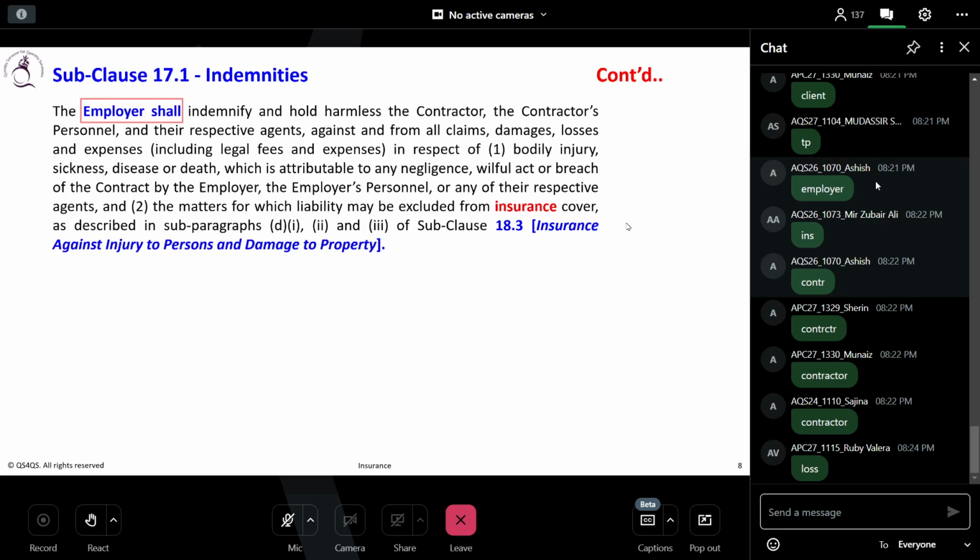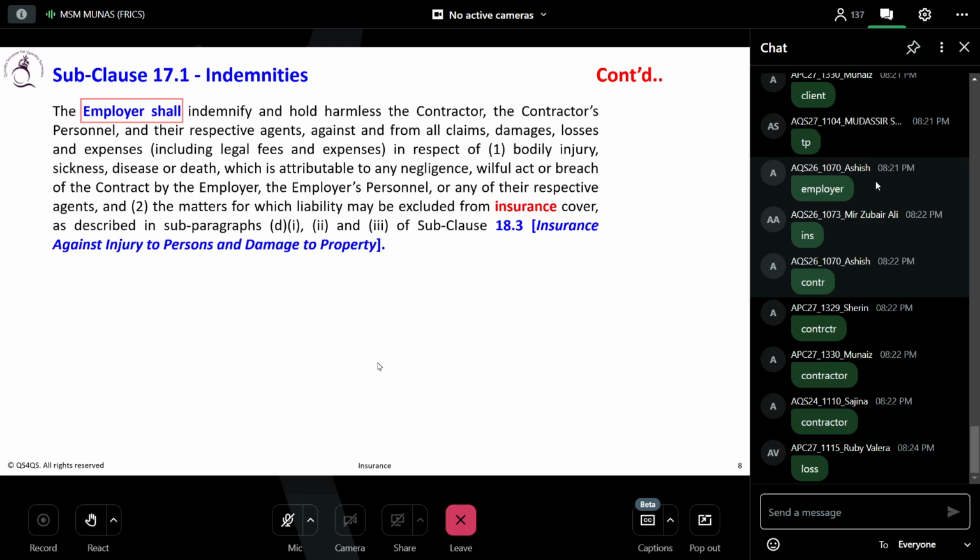Now you should understand one thing. Construction is a business, isn't it? So the contractor is ultimately pricing everything, whatever he is spending, back to the client. He is not here to do any free charity for the employer.